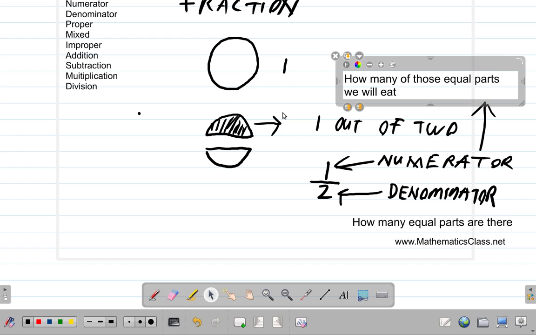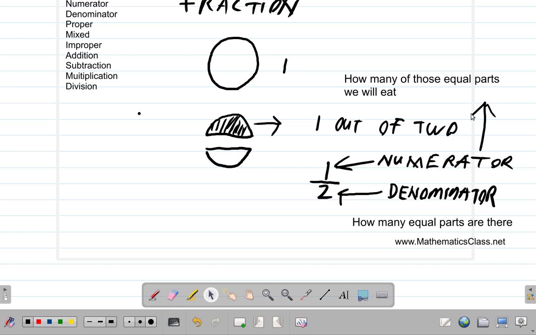Now, this is a bulla, so it's how many equal parts of the bulla that we're going to eat. I'm going to eat one part out of two equal parts. So you see that. Nice.